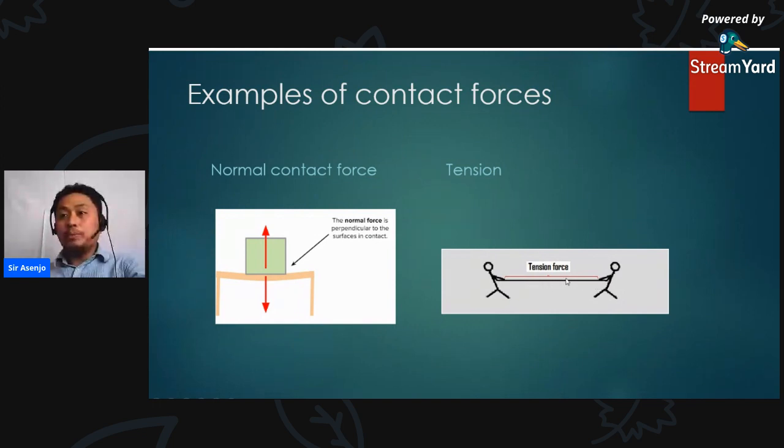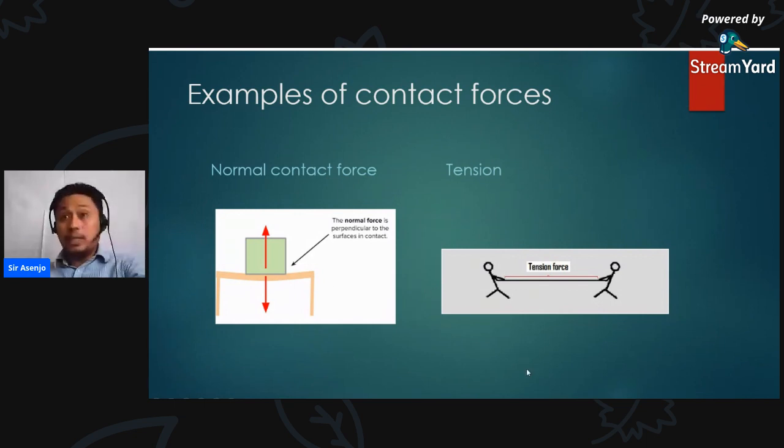This is still a good example of a contact force because the boys are touching or physically contacting the rope. So both normal force and tension are examples of contact forces because you observe there is a physical contact.